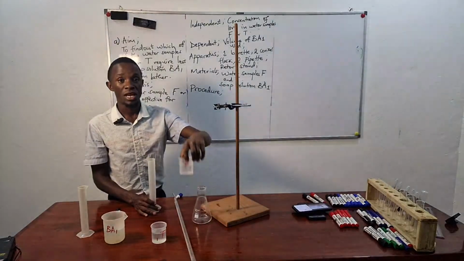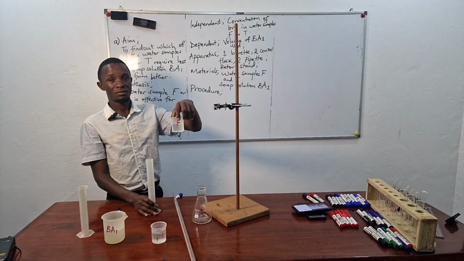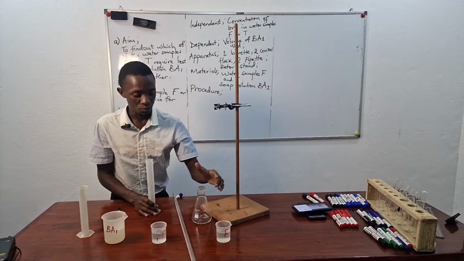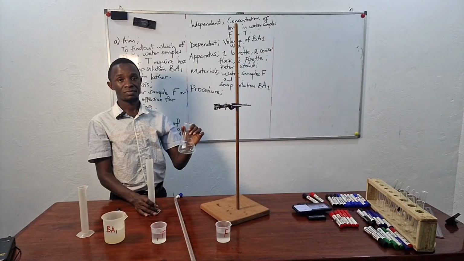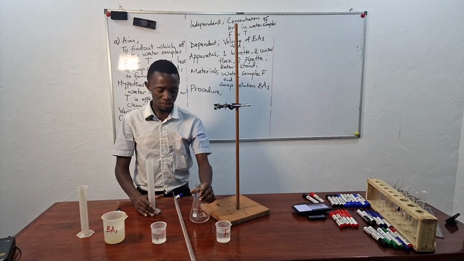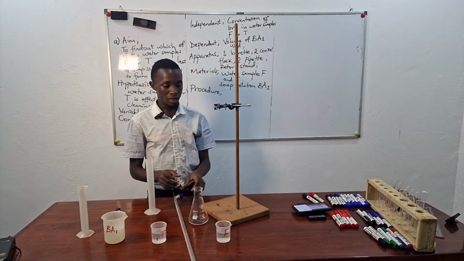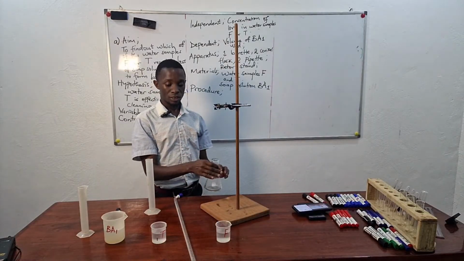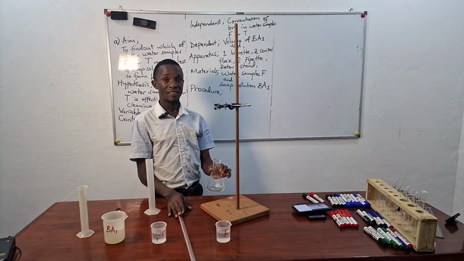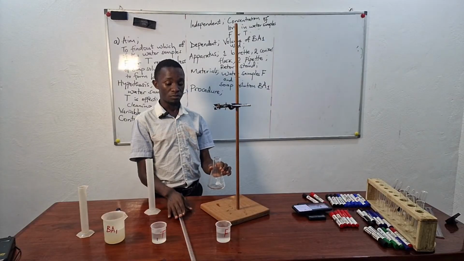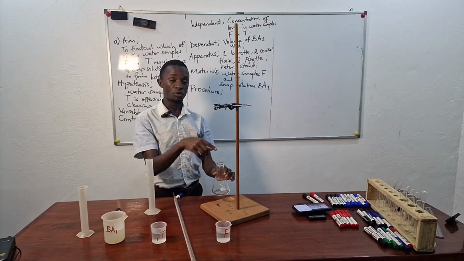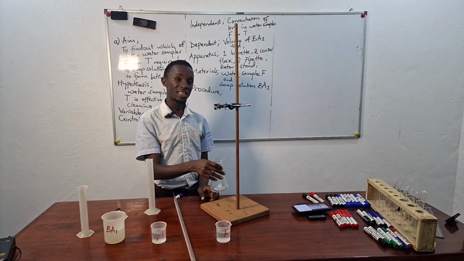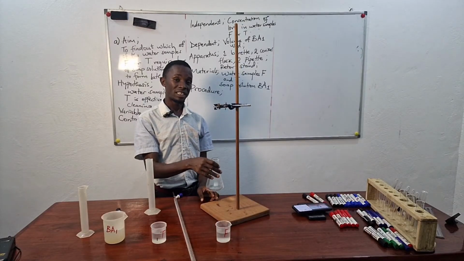We are going to start with F into a clean, empty conical flask. We shall then run the soap solution from the burette into the water sample F in a conical flask while shaking until permanent lather is formed.